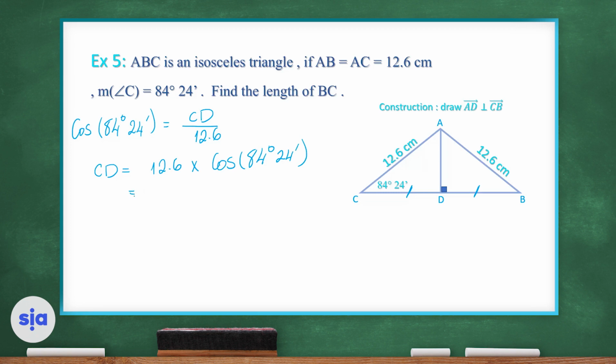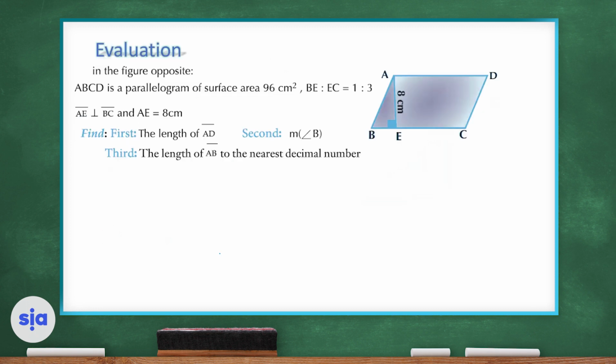Then CD is equal to 1.23 centimeters. As we said that CD is half the BC, then BC equals twice 1.23, then BC is 2.46 centimeters. Let's now move on to the evaluation part.